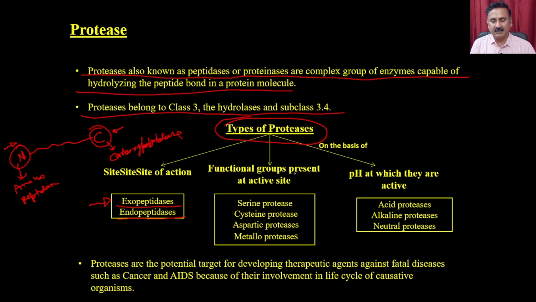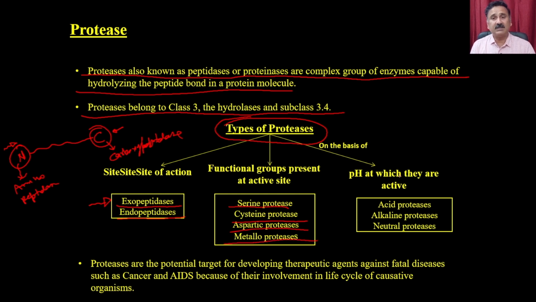Similarly, the amino acids present at the functional group of the active site have a crucial role in the catalysis. Accordingly, they can be serine protease, cysteine protease, aspartic protease, or metallo protease.